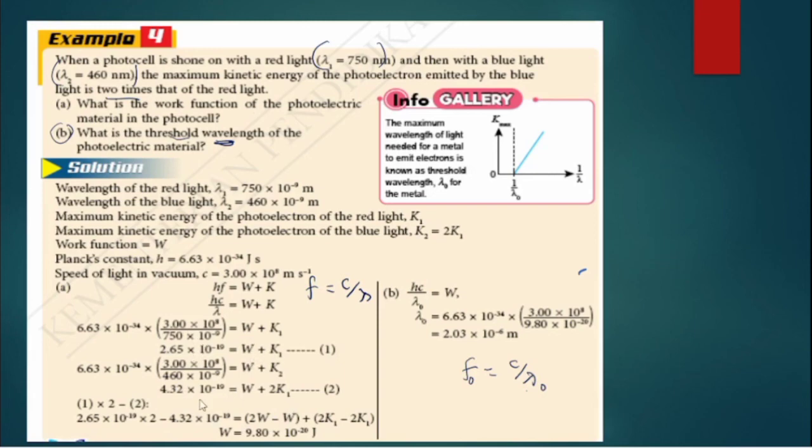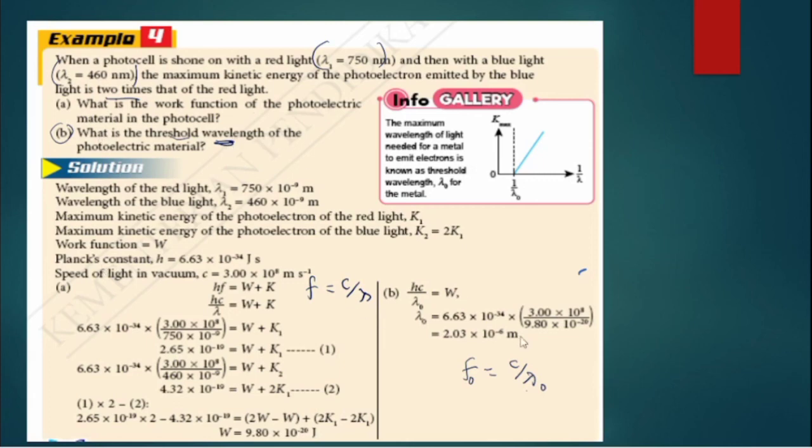So we get this one minus this one, W minus 2W, and the K terms. Equation 1 multiplied by 2 becomes this one times 2, W times 2, K1 times 2. So we can cancel the 2K1, and we get W equals 9.8 times 10 to the power of negative 20 joule.